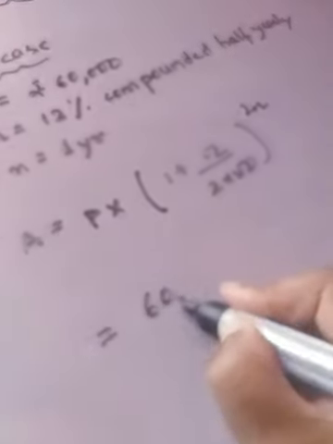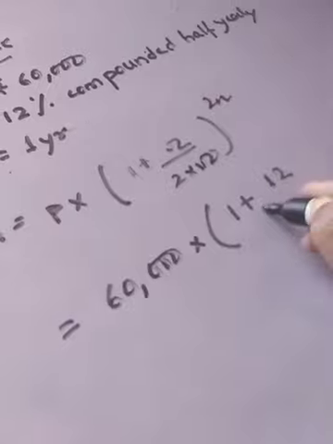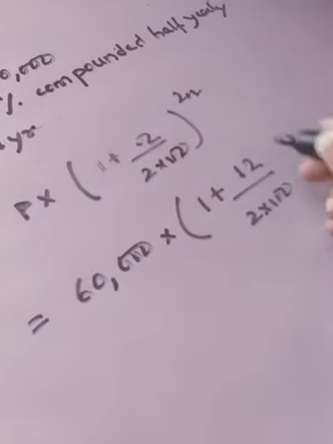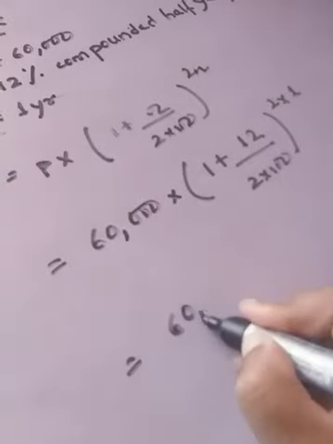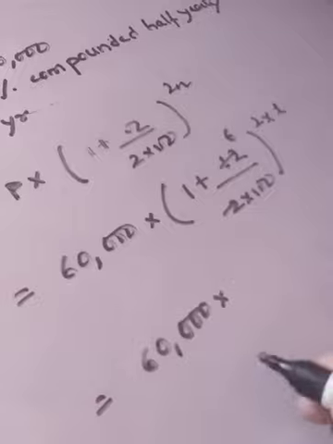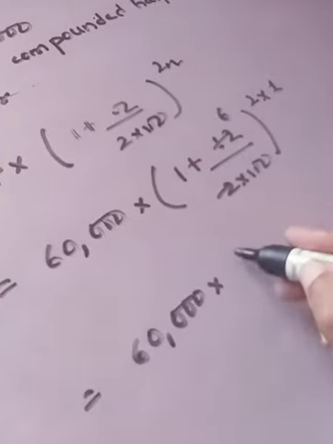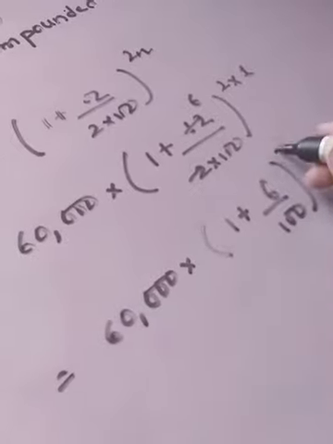Write the value of principal. R is 12 upon 2 into 100, and n is 1. So 60,000, and if you reduce it just like we did in the previous part, it will be 1 plus 6 by 100 to the power 2.